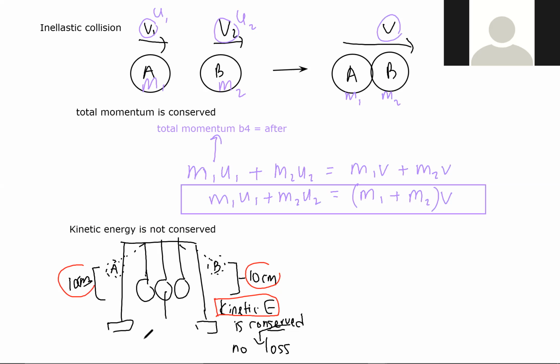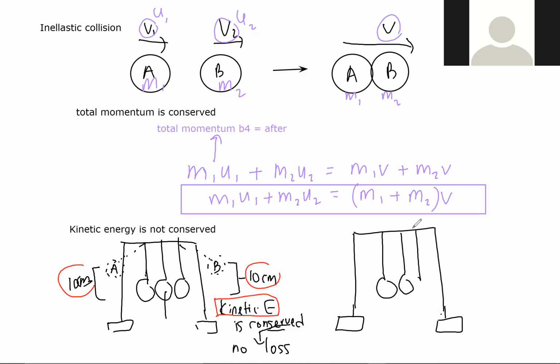How about if I say kinetic energy is not conserved? Let's say you have the same cradle, same pendulum, but this time, instead of stainless steel, let's say this one is made of clay. Okay, let's say it's made of clay, right?